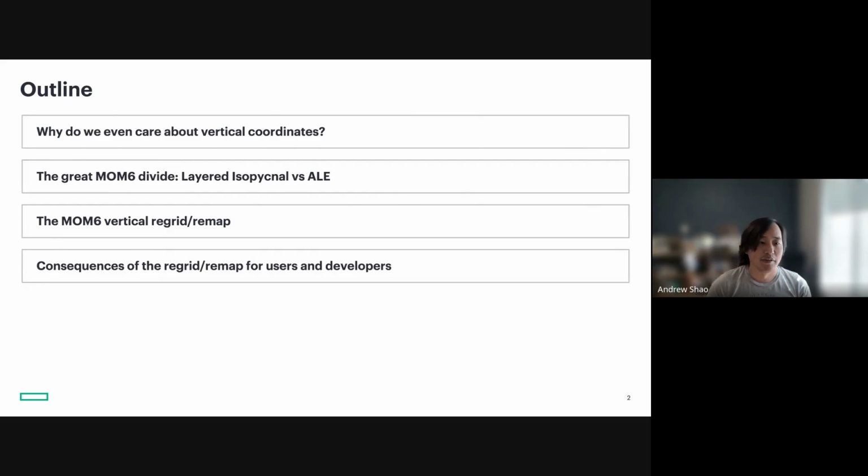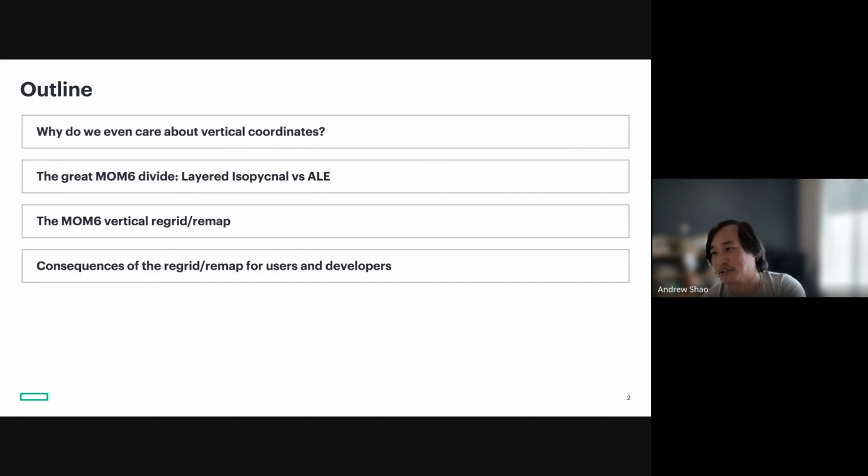Then a little bit of a deeper dive into what the vertical regrid remapping scheme actually is, because it is very different from most other ocean models. So if people have experience with ROMS or NEMO or anything like that, any quasi-Eulerian type model, there's a real weirdness that comes into play. So I want to describe the algorithm itself, since it's not very straightforward.